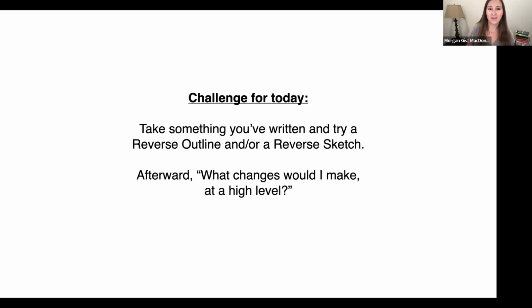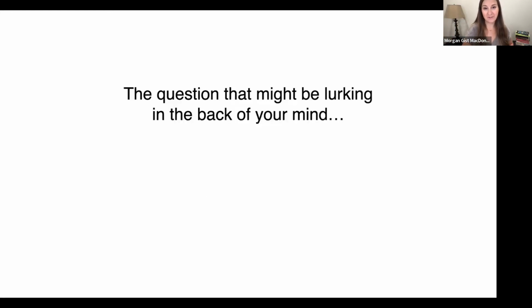And then afterward, ask yourself this question: what changes would I make at a high level? Just like with everything, with our wonderful, beautiful brain, it just takes a little bit of training, right? We introduce this idea, we practice it, and we get better and better at it. Amazing. I hope that is helpful.